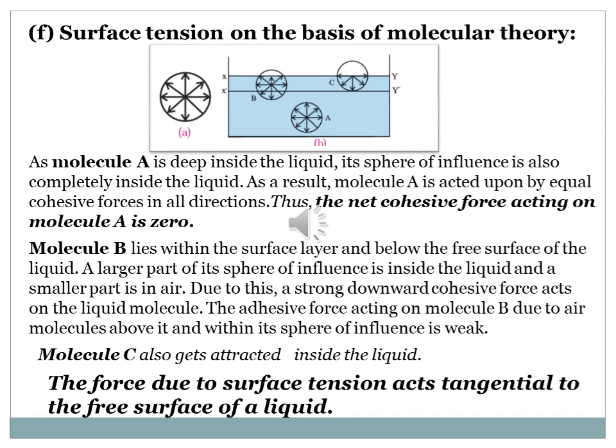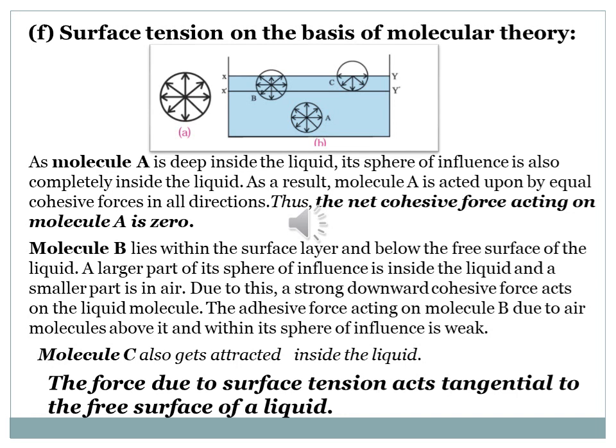So in the case of molecule C, what happens? C is also attracted inside the liquid. So in all these three conditions, what can you conclude? Molecule A, molecule B and molecule C are all attracted inside the liquid. So what happens to the surface film that we learned about in the previous slide?